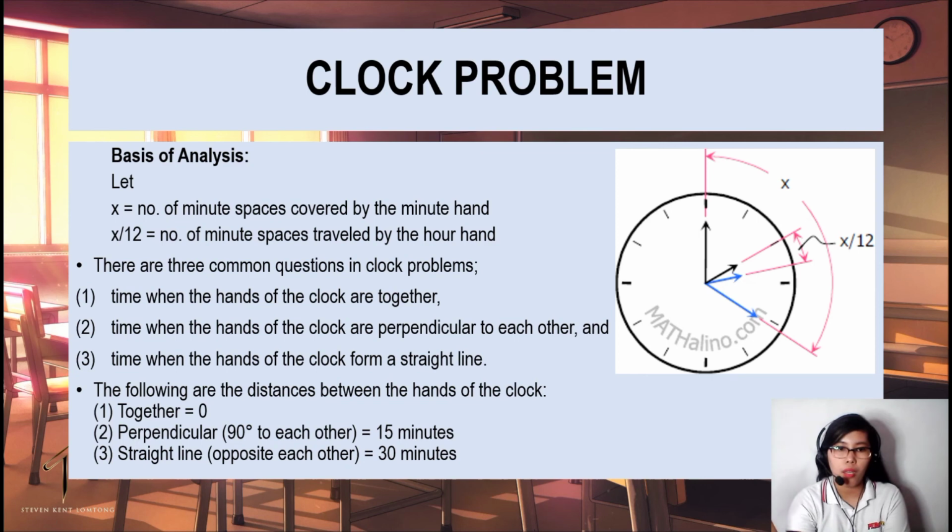The following are the distances between the hands of the clock. If it says together, of course, 0 degree angle. Perpendicular, that's 90 degrees or 15 minutes. Straight line or opposite to each other, that is 30 minutes or 180 degrees. Now, in clock problems, we have an easy way to solve.